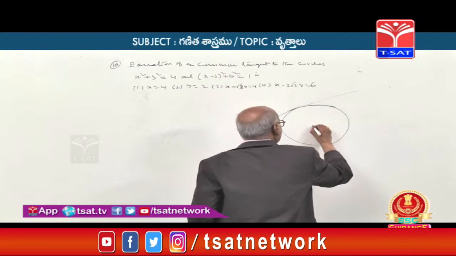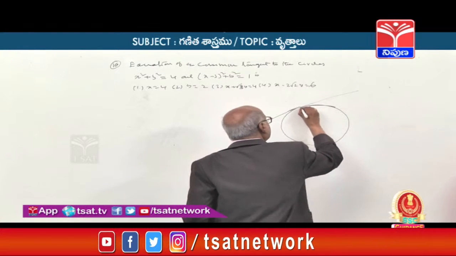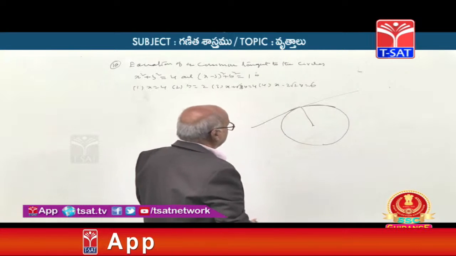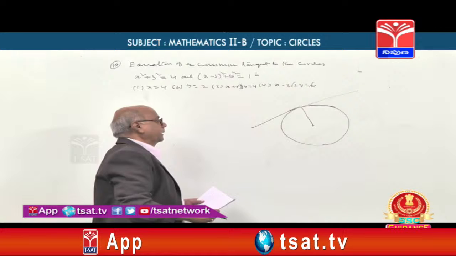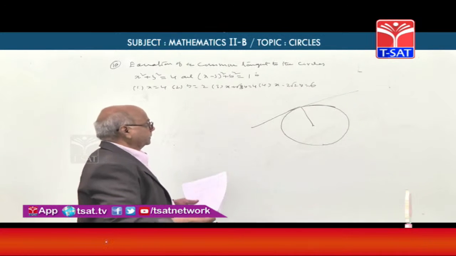Now, you know that for any circle with center (x1, y1), a line touches the circle means the perpendicular distance drawn from the center onto the line must be equal to the radius of the circle.